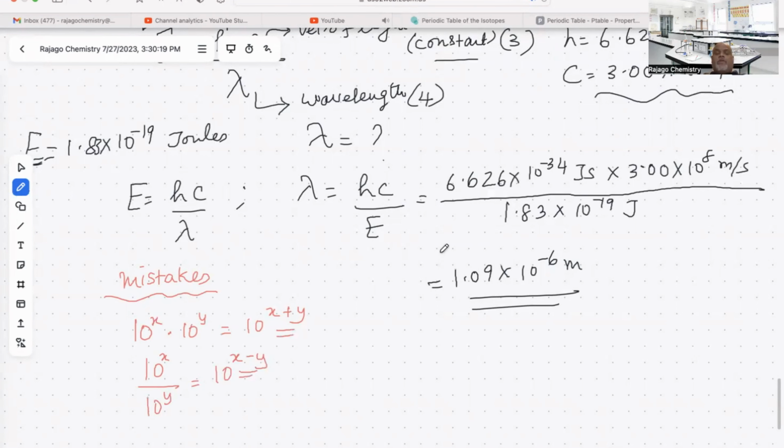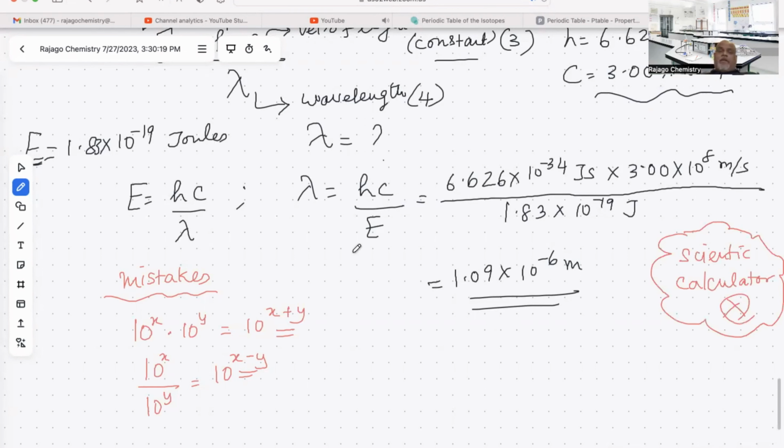So you're going to use a calculator. You have to know how to use the scientific calculator first. Sometimes if you don't know how to use a scientific calculator, you will get a wrong answer, like 1.09 times 10 to the power minus 44 or something. So you should be very, very careful about it.